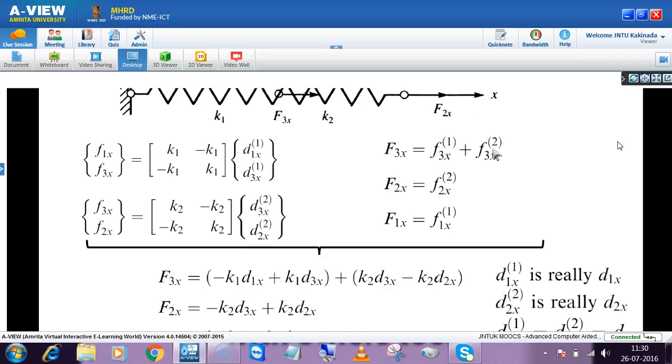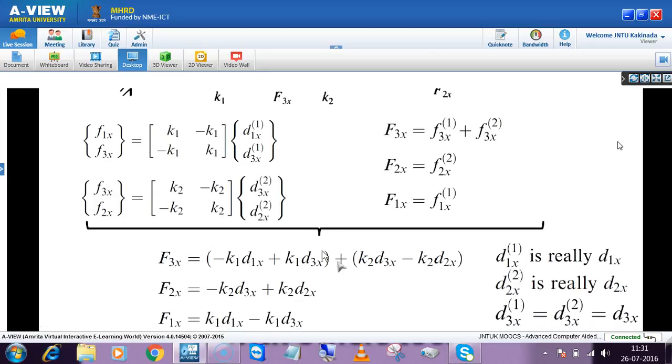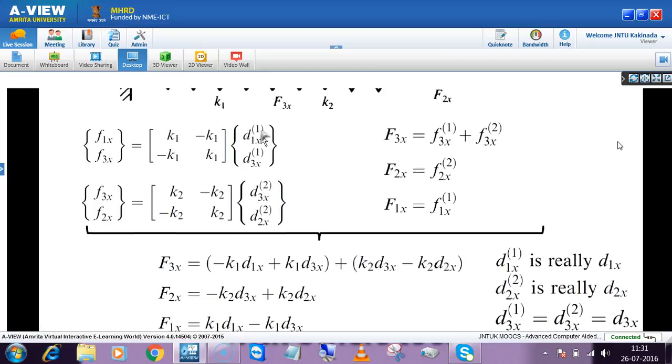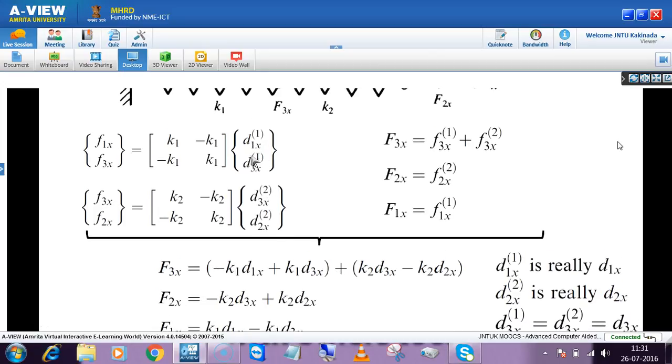F3x of element 1, if you see the element 1 matrix, equals K1 times D3x minus K1 times D1x. The same thing is substituted here. D1x is D1x and D3x is D3x. That's what we mentioned here.